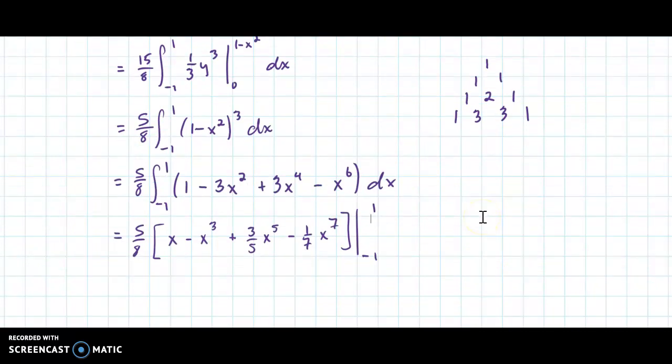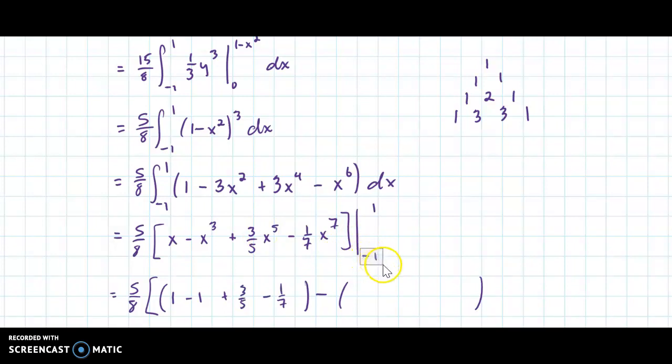So from here, I've got 5/8 times, I'm going to go one term minus another term. All right, so let's see what we have here. When I plug in 1 to this, I get 1 minus 1 plus 3/5, and then minus 1/7.